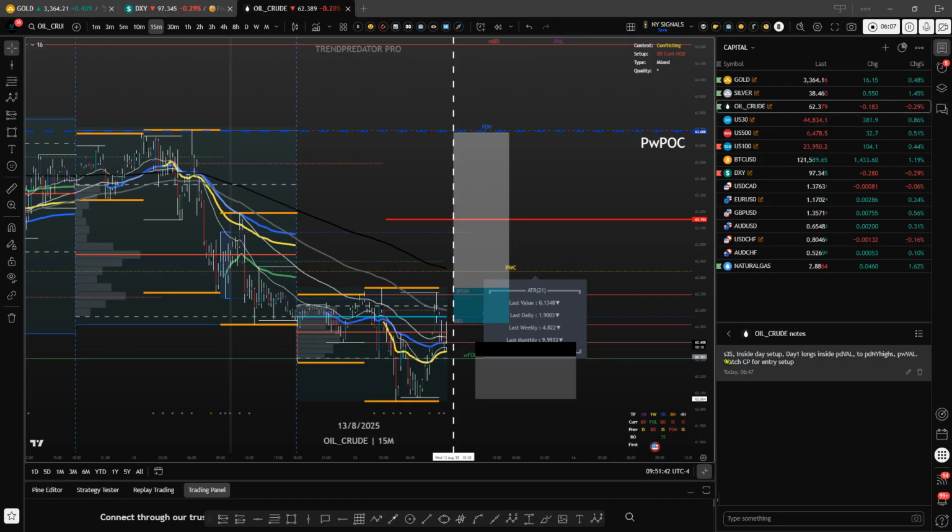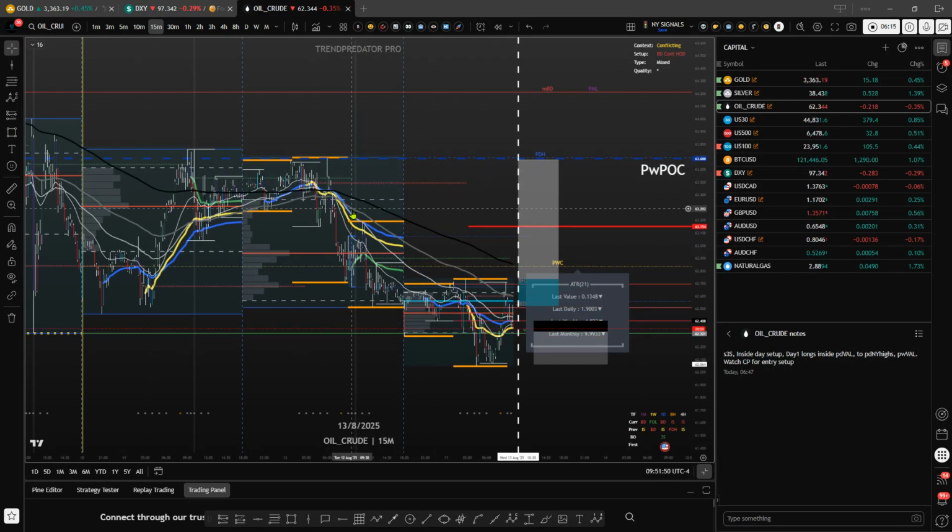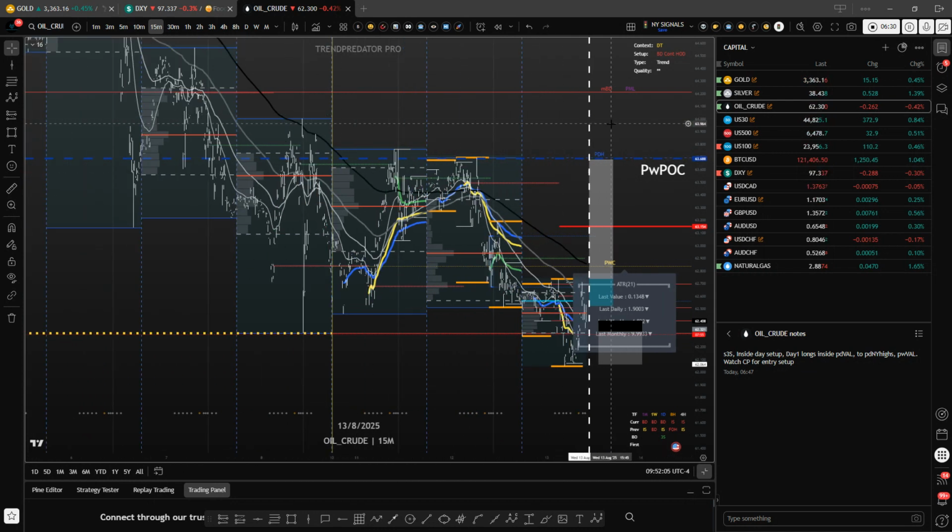So I've said here, what have I said? 3 sessions inside. Okay, so this is nice. We've got an inside day yesterday. I like the inside days. An inside day setup: if we can't stay on the outside of the inside day lows, so we've broken down, if we can't stay down, then there are prospects of it coming back up through to the other side.